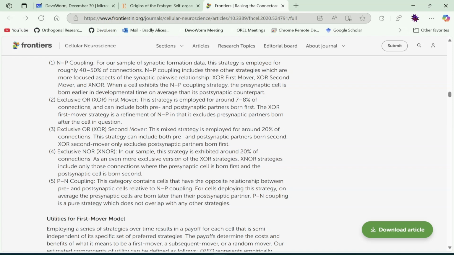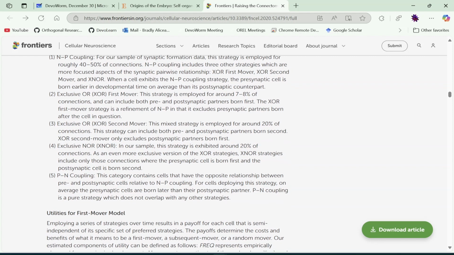Then there's exclusive NOR, which is XNOR. In our sample, the strategy is exhibited by around 20% of connections. As an even more exclusive version of the exclusive OR strategies, XNOR strategies exclude only those connections where the presynaptic cell is born first and the postsynaptic cell is born second. And then finally, PN coupling, which is the inverse of NP coupling.